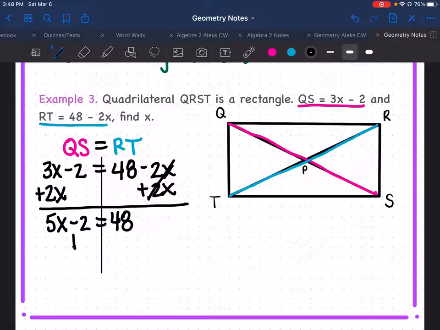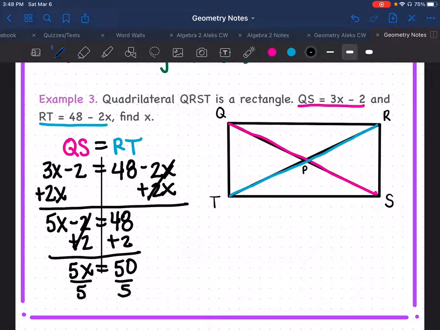I'm going to add the 2 to both sides, which gives me 5x equals 50. And I'm going to divide by 5. X equals 10. I could go back and plug those in and solve if I needed to, but I was not asked to.